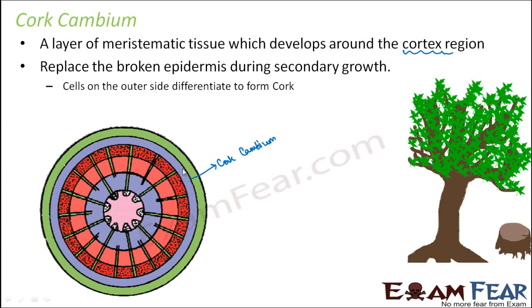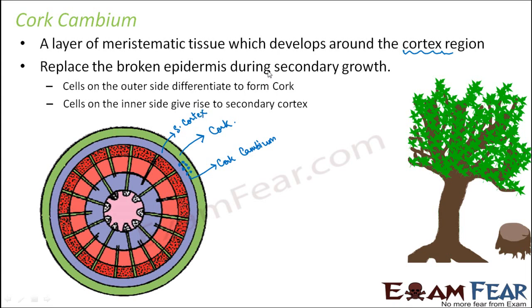This black line which you see. Now this can again give rise to new cells on the outer side as well as on the inner side. So on the outer side, it forms cork. These new cells on the outer side form cork, and the cells on the inner side give rise to secondary cortex.